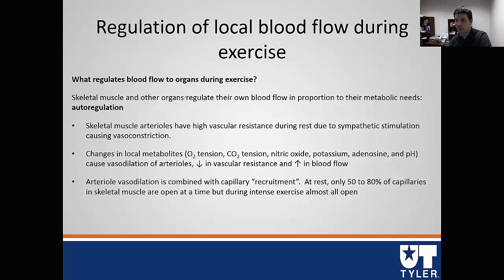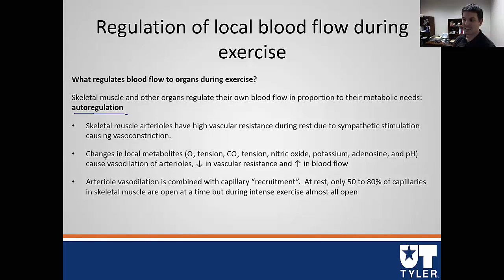However, organs, specifically skeletal muscle, have their own ability to regulate blood flow based on their metabolic needs, and that principle is called autoregulation, which is pretty interesting. So you may say, how does autoregulation work, right? Again, vascular resistance goes up due to sympathetic stimulation.